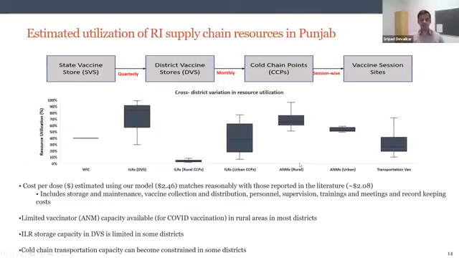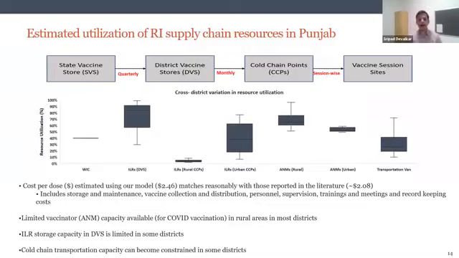What this effectively means is, one, which of these resources could potentially end up becoming a bottleneck for COVID vaccine delivery could be different across districts, because different resources might be in short supply in different districts. The other thing is that, because there is such variation in the utilization of these resources, there is the possibility of augmenting capacity in specific districts by moving resources across districts.